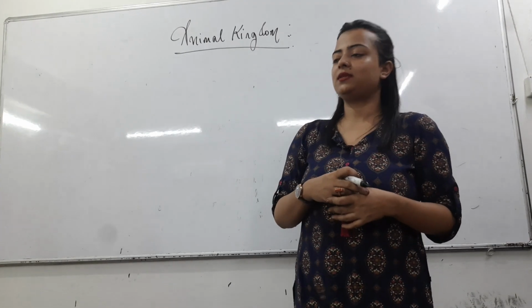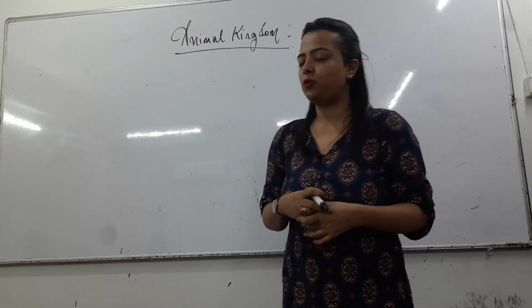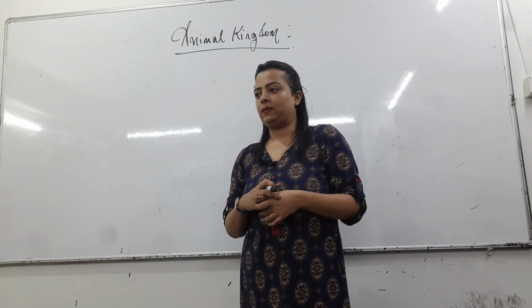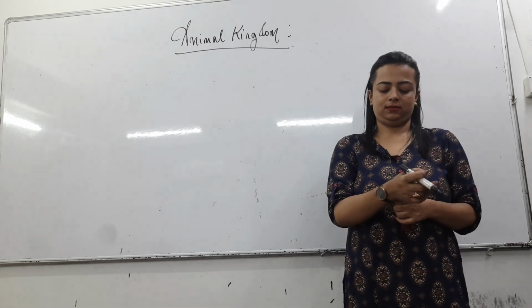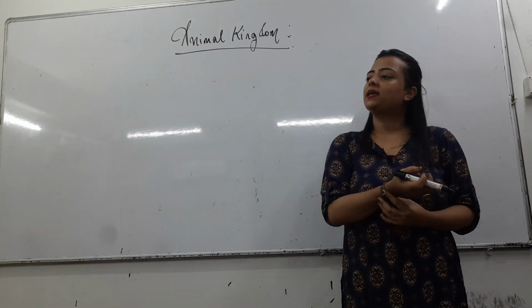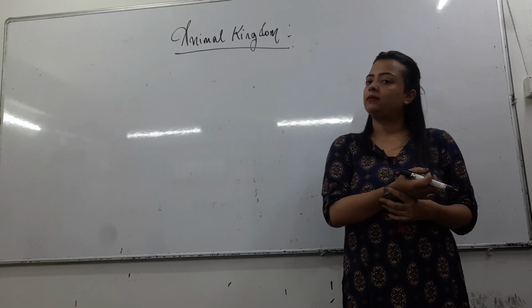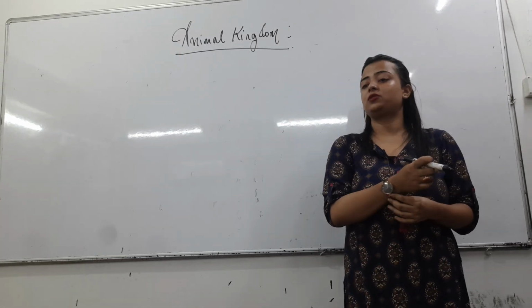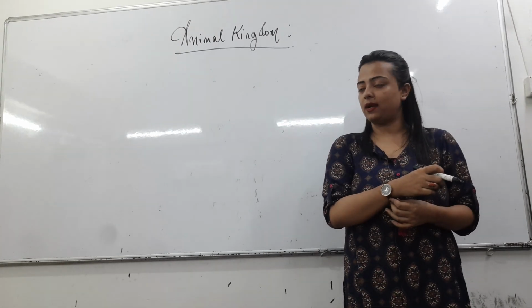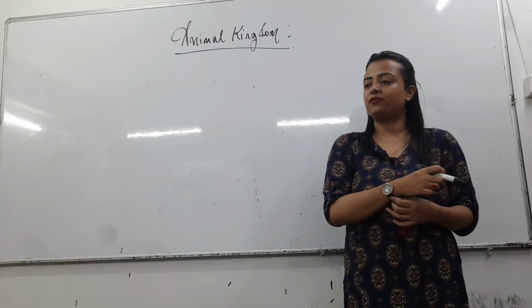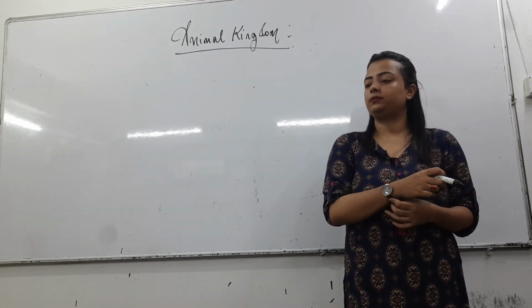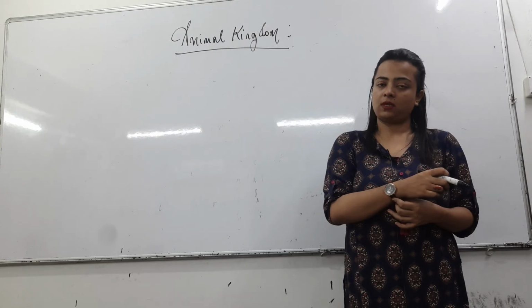Bilaterally symmetrical, then triploblastic, then organ system level of organization. After that, what is the excretory organ? Nephridia. Nephridia do osmoregulation. After that, what nervous system is there? Paired ganglia with a double ventral nerve cord. All annelids are monoecious except Nereis.